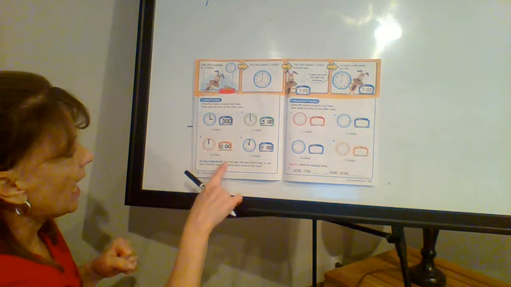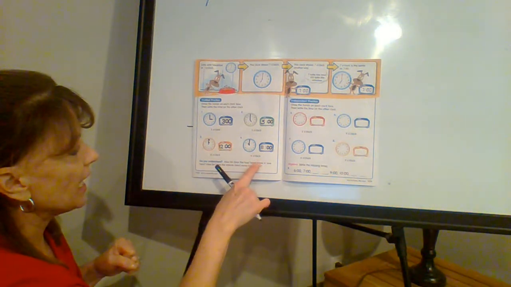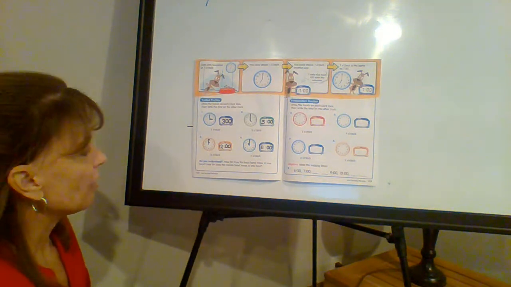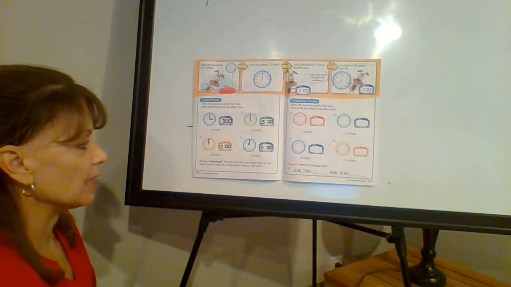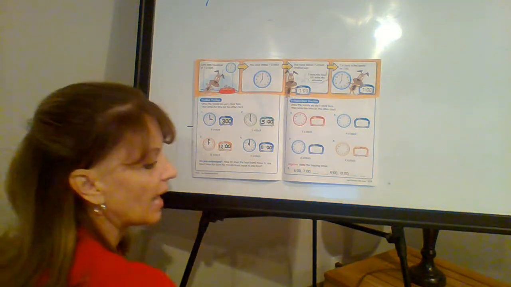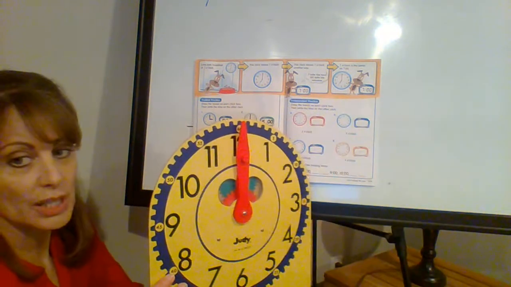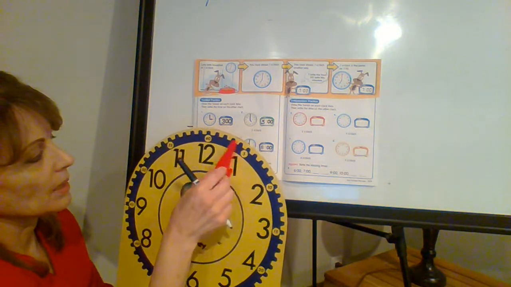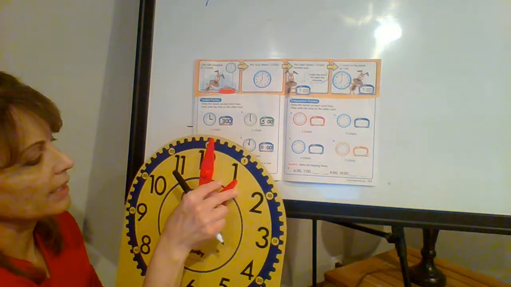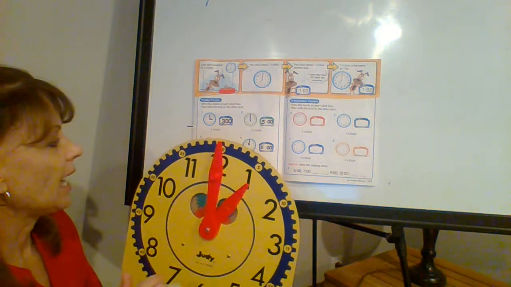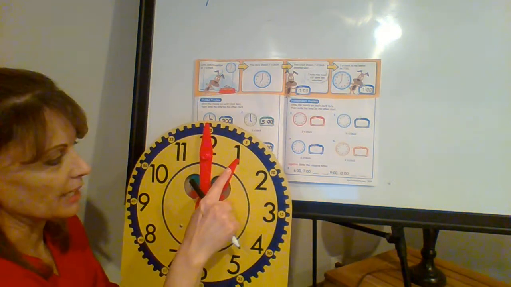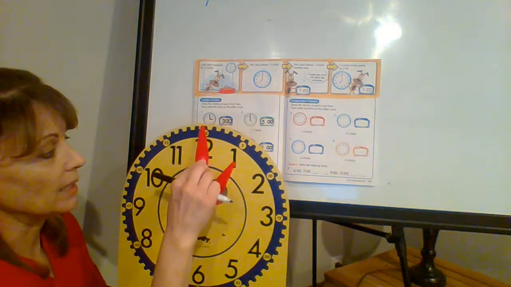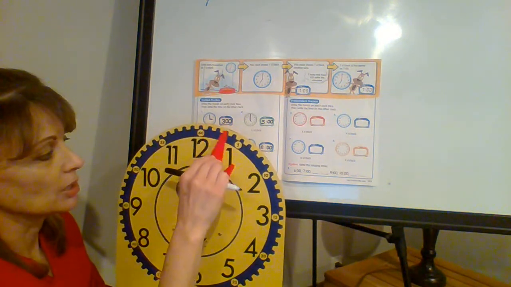It says, how far does the hour hand move in 1 hour? How far does the minute hand move in 1 hour? Oh, this is such an interesting question. So if it's 1 o'clock, how far does the hour hand go from 1 to 2? Well, in that hour, watch.